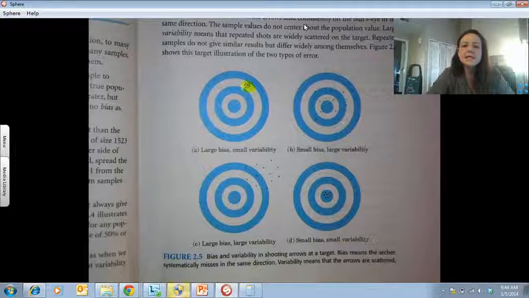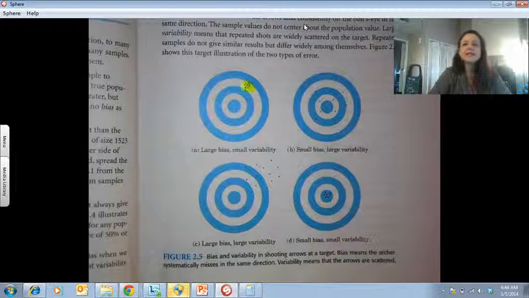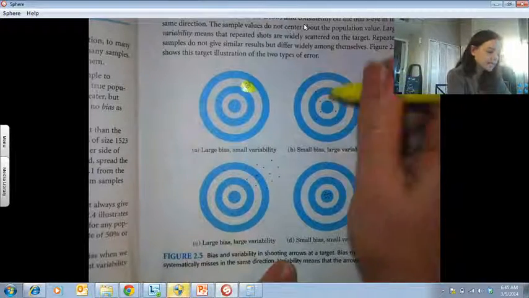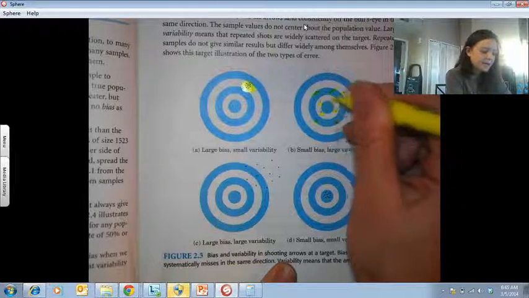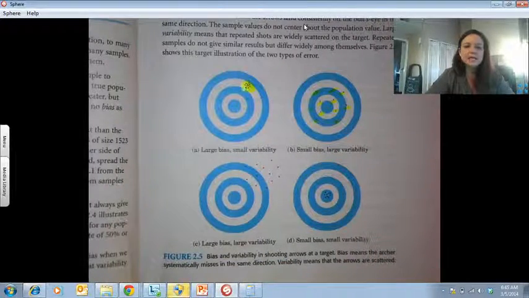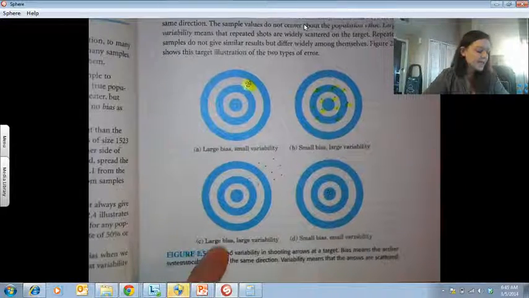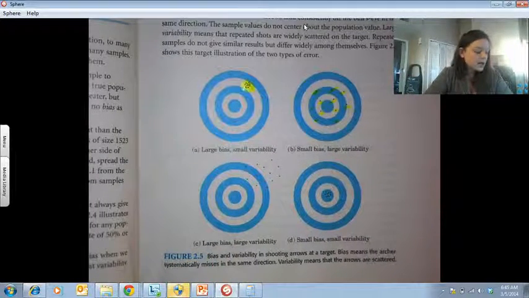B, small bias, large variability. Well, the bias is small because even though they're not in the center, they're not away from the center in the same direction. Variability is large because each of those points is far away from another point. Like, you don't know what's going to happen when you take a sample. Here you have no idea what's happening. Large bias, large variability.